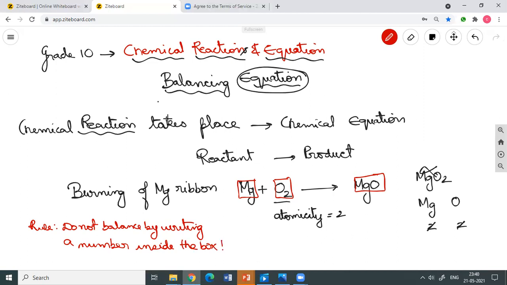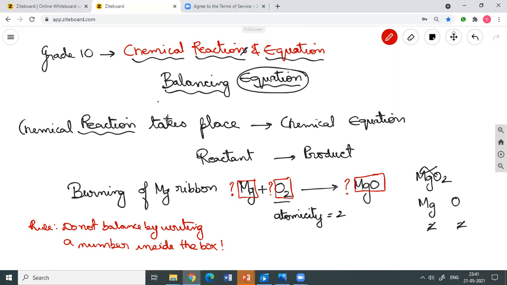You should always write the number where I'm putting the question marks. You cannot write a number inside, in between a compound, a molecule, or a metal. So that is a rule.